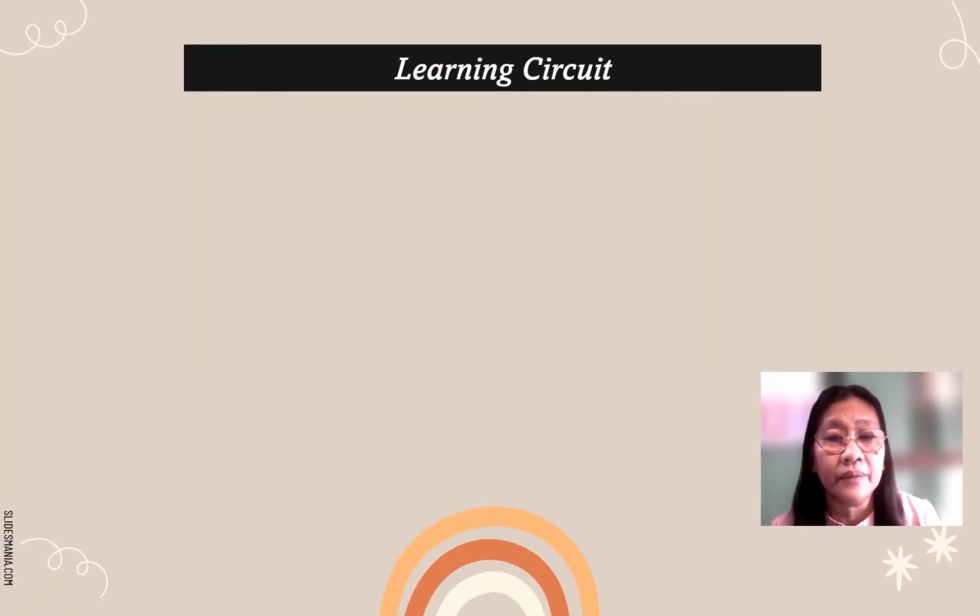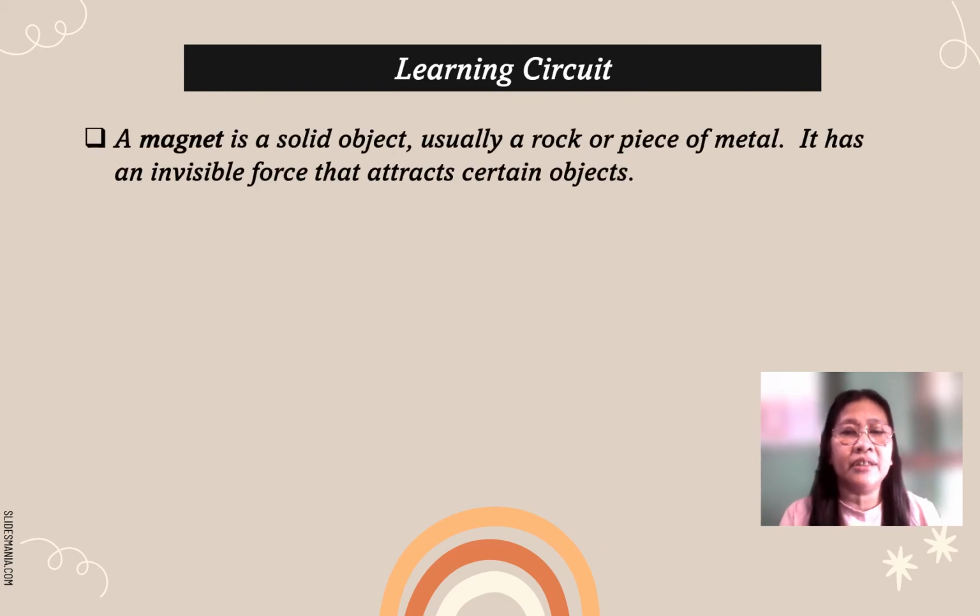Let's continue. So for your learning circuit, after you perform Activity 1, your learning will be confirmed by our learning circuit. A magnet is a solid object, usually a rock or piece of metal.